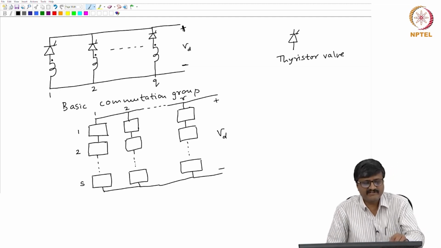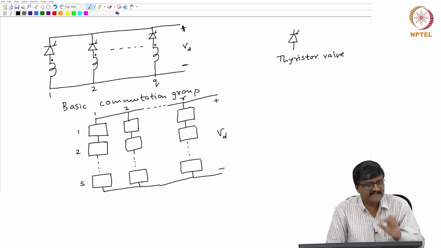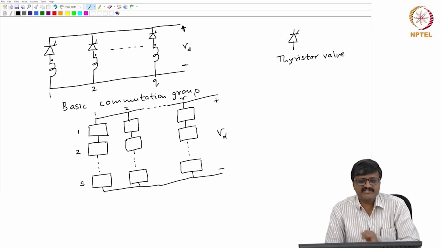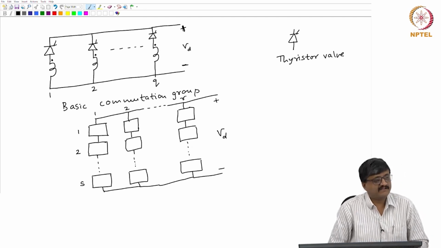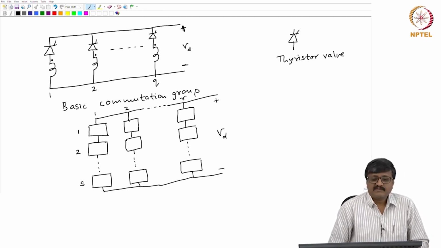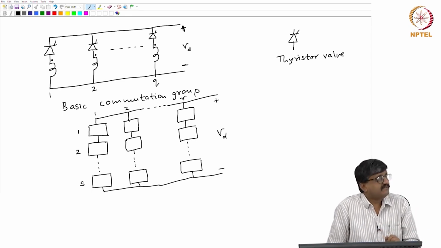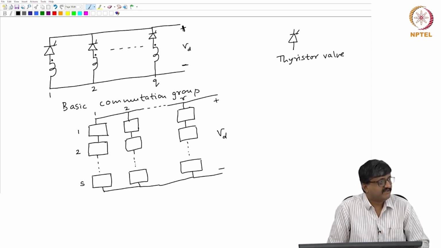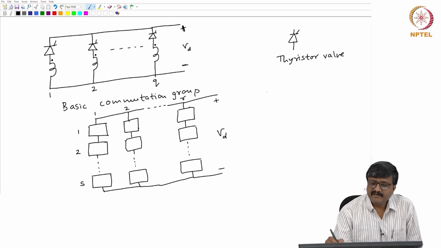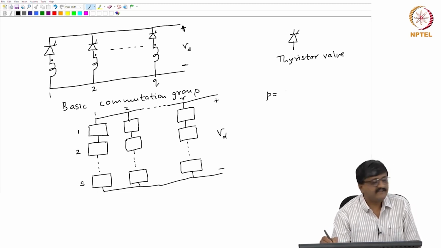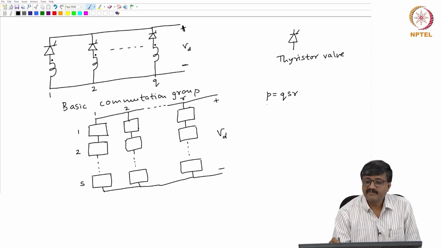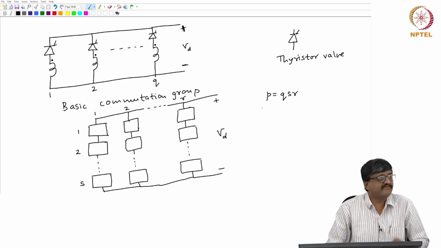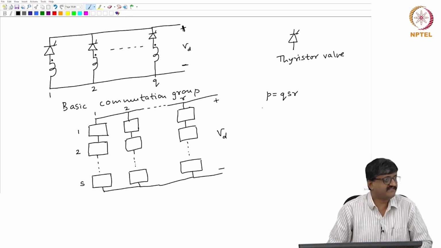So, I am using the notation S for the number of commutation groups connected in series, and the notation R for the number of such series combinations. In each of these boxes, of course, there are Q thyristors and Q transformer windings. So, the pulse number P that we get is the product of Q, S and R. P is the total number of transformer windings and the total number of thyristors.